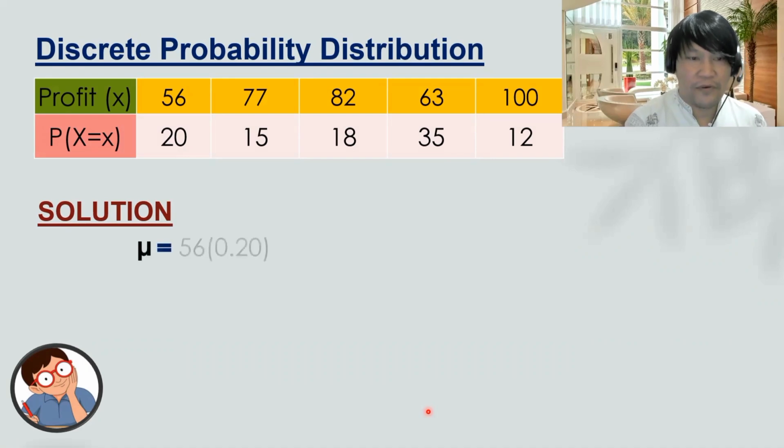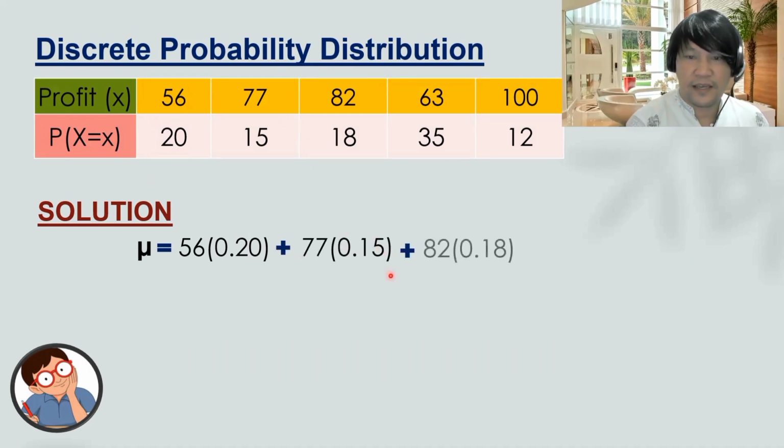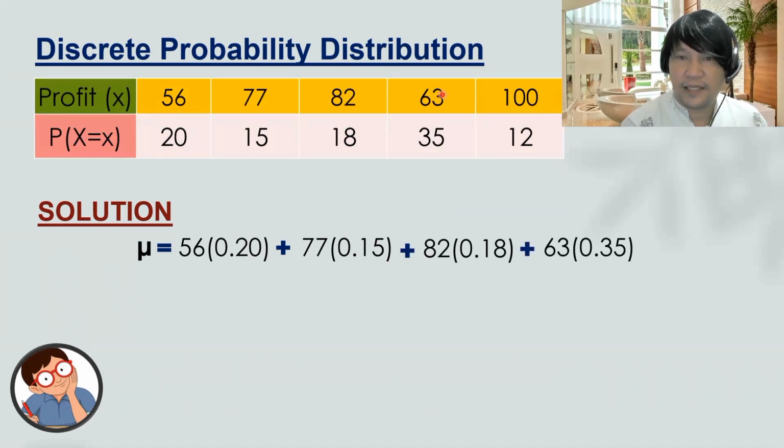Okay? Now we do have first, we have 56 and its corresponding probability. We have 0.20, and then we have 77 times 0.15. Next, 82 times 0.18. Next, 63 times 0.35. And last one, we do have 100 times 0.12.